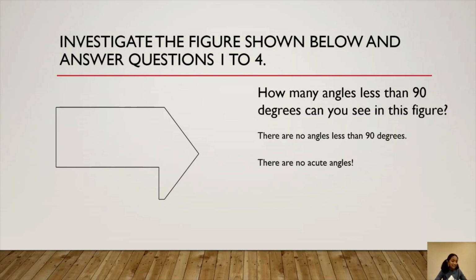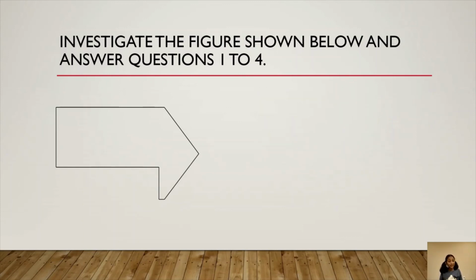Last but not least. Our fourth question here is, how many sides do you see? Come on guys, you can count this super fast. A side is a line segment, just remember that. Just count all the line segments and you guys are good to go. This one is a super easy one, so just count them fast.